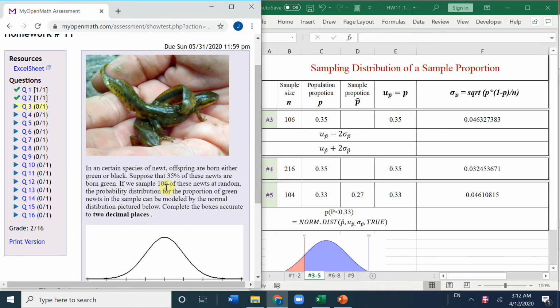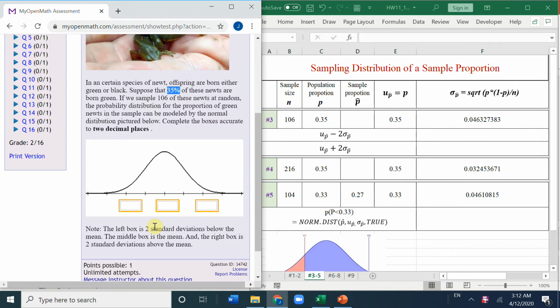Number 3: 106 is the sample size, 35% is the population proportion. And we know mu p hat is p, and we get the sigma for p hat. Same as the last question. Here is the mean, and mean minus 2 sigma, mean plus 2 sigma.